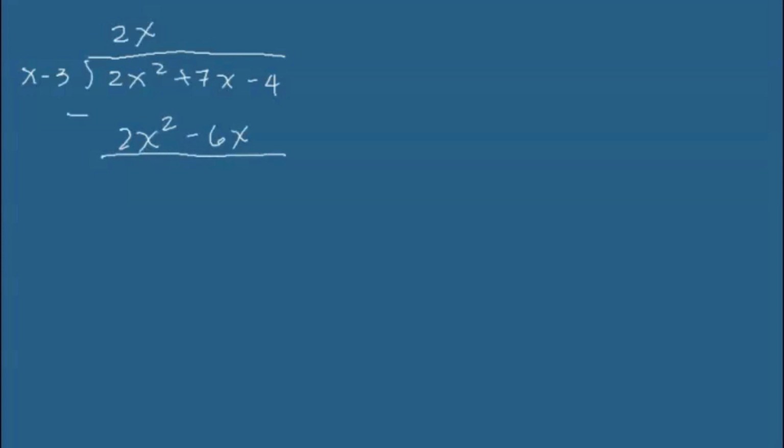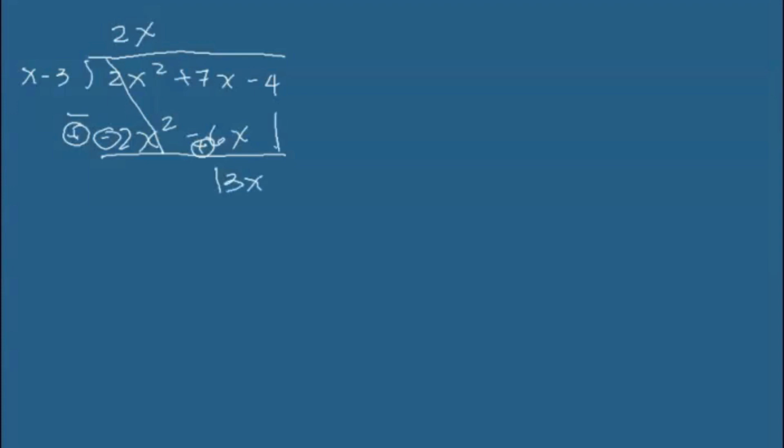And then subtract by adding the opposites. 2x squared plus negative 2x squared is 0. 7x plus positive 6x will be 13x.